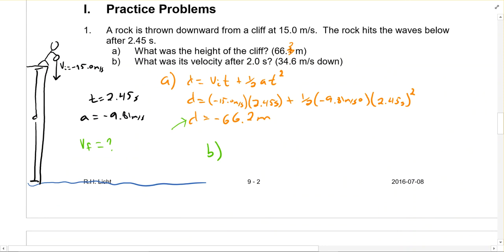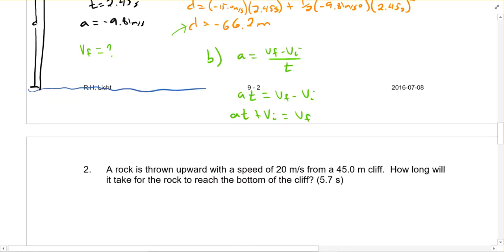So going back, acceleration is equal to VF minus VI over t. We can rearrange this. I can say A times t is equal to VF minus VI, and then AT plus VI is equal to VF. And then just plug in our numbers.